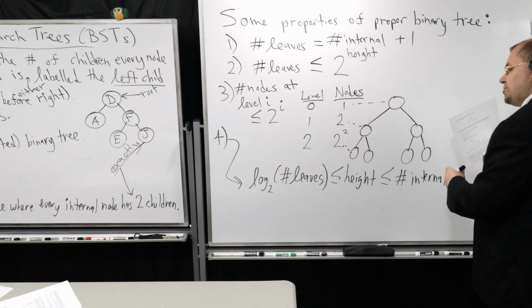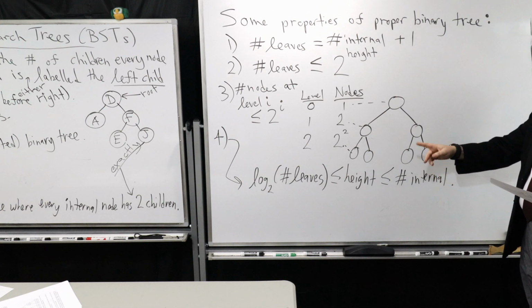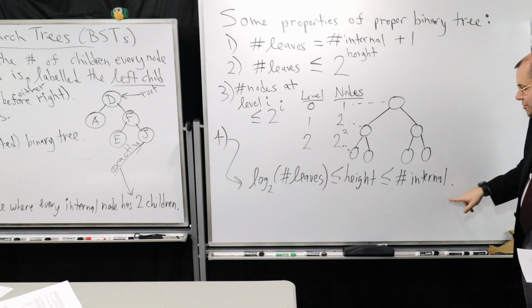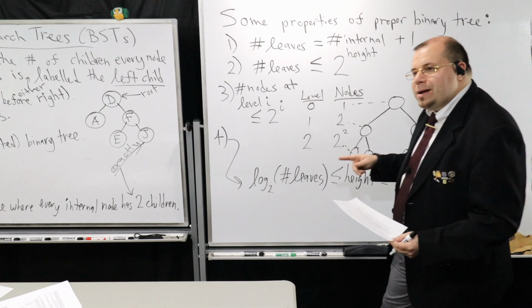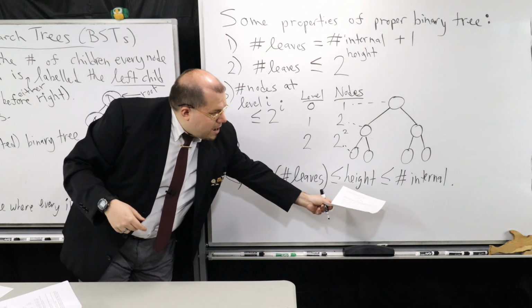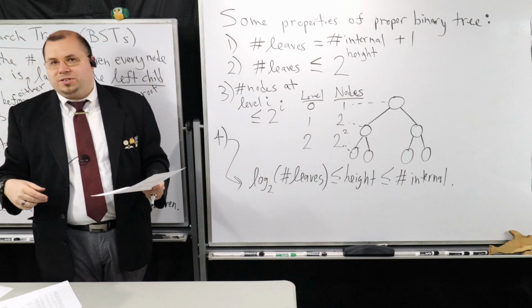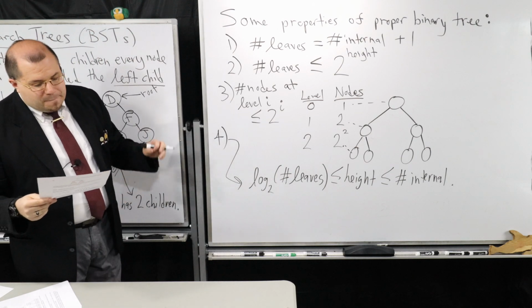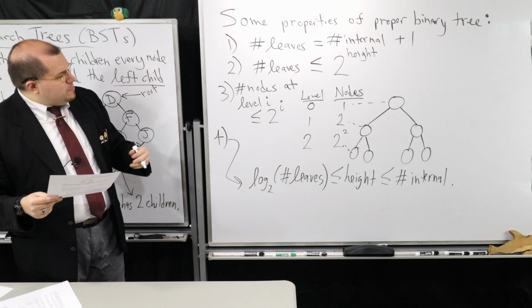So there are 2 parts to this, right? Log base 2 of the number of leaves is no more than the height, but also you can use the number of internal nodes always as an upper bound on the height of the tree. We'll actually use this right half of this inequality later on in the course, probably sometime next week. So these are some properties I wanted you to be aware of.